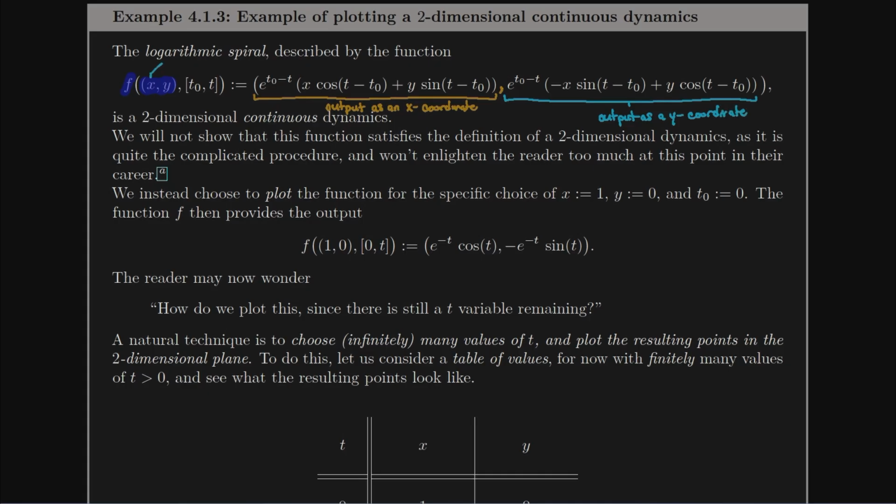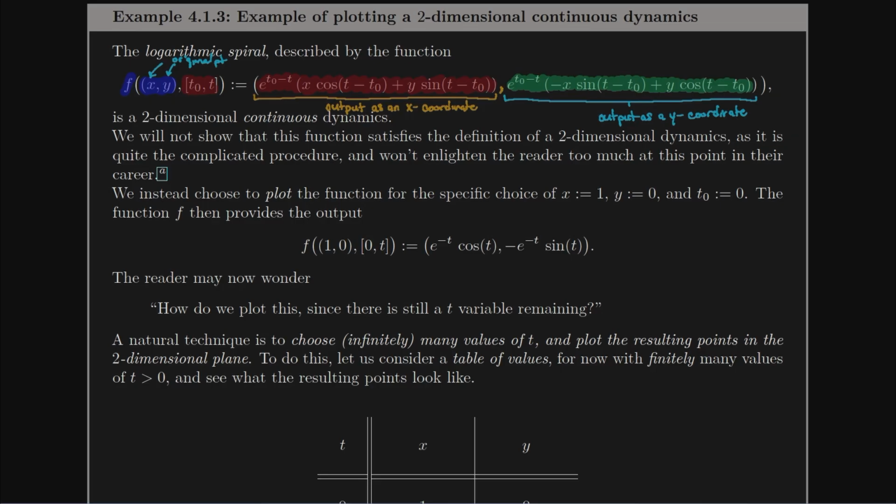So what we want to think is that an x went into it, a y went into it, that was some original point in two dimensions, and then we waited this positive amount of time between our initial time and time t, and the x value of that point has now moved to this number, because you can just calculate it as a number that depends on my four inputs, and the y value of that point has just evolved into this value, which is again just a calculation involving the four inputs.